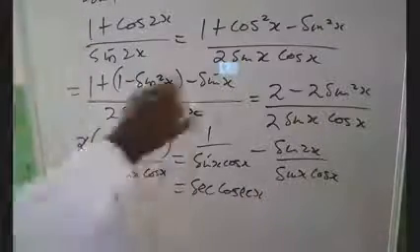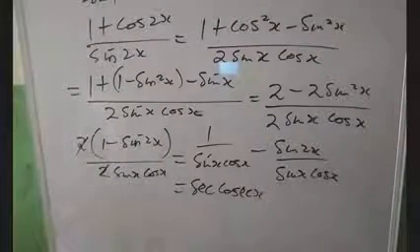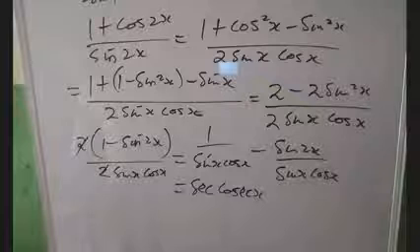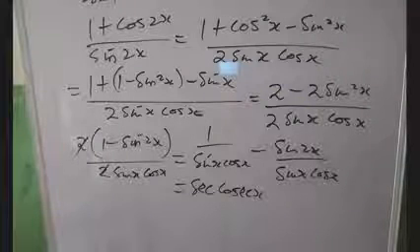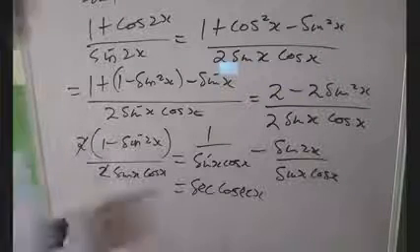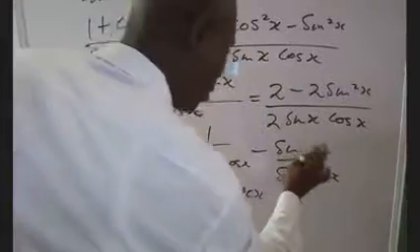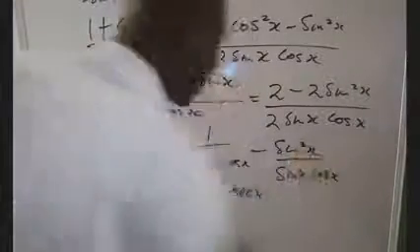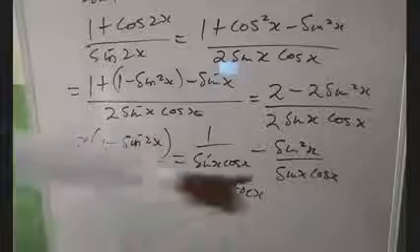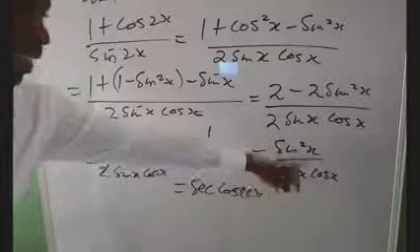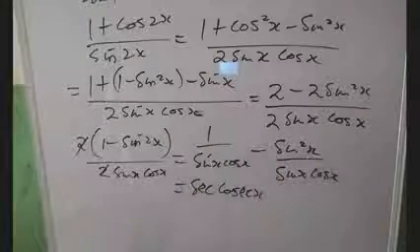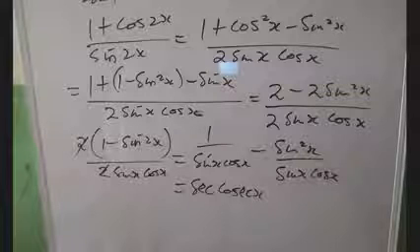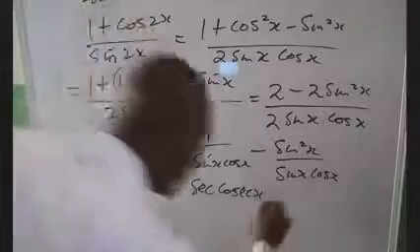Then if I cancel out one sine here, remember this is sine square, we are not making a mistake here. If I cancel out one sine from here, I'm going to have sine over cos, and sine over cos is the same thing as tan x.